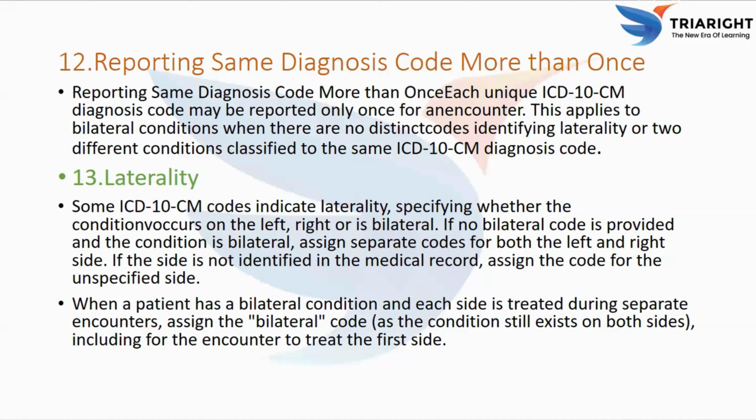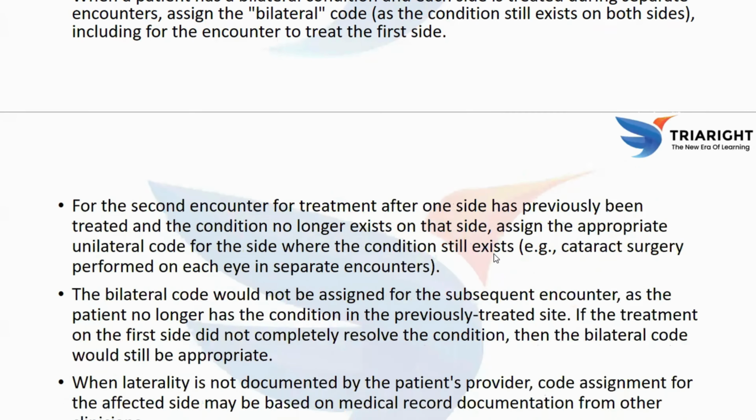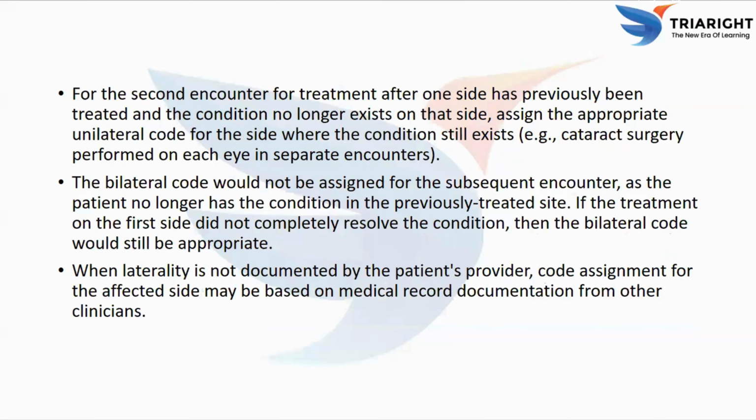If a bilateral condition is treated at different times, use the bilateral code each time, since the condition still exists on both sides. So when only one side still has the condition, if one side was already treated and the condition no longer exists, what do you code there?